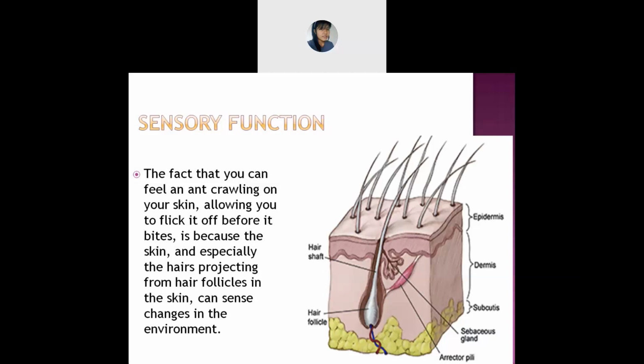What will you do if you find the ant crawling over your skin? Will you just allow the ant to crawl, or what will be your response? Flick it away, or swat it away.